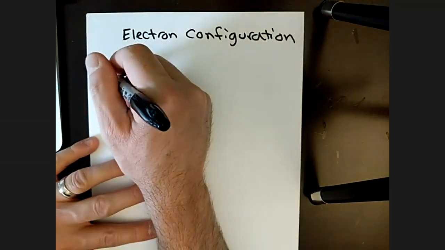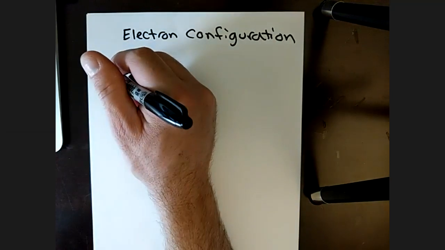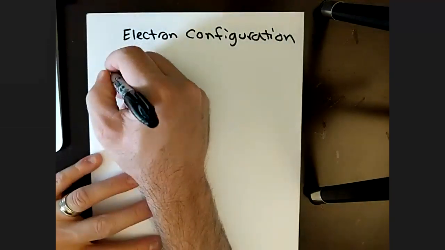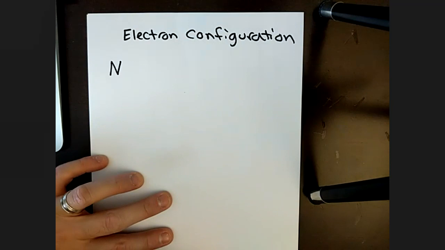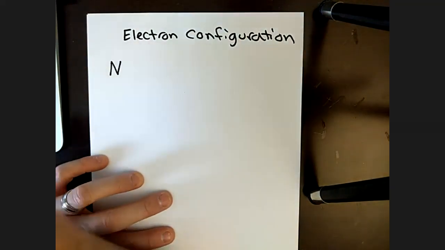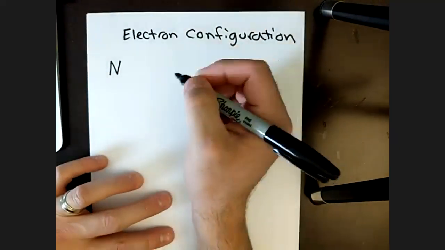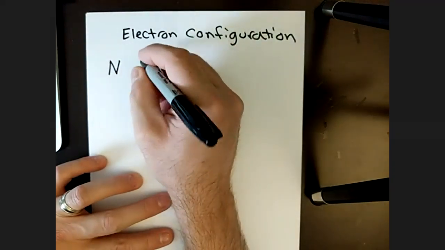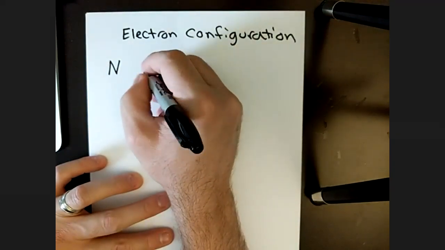If we look at an element like nitrogen, when we want to write the electron configuration for nitrogen, it is a building up process. Everything starts from hydrogen.